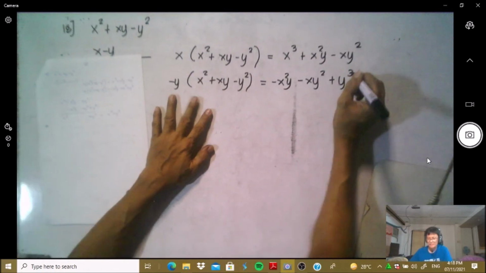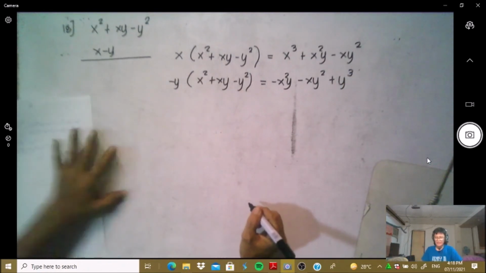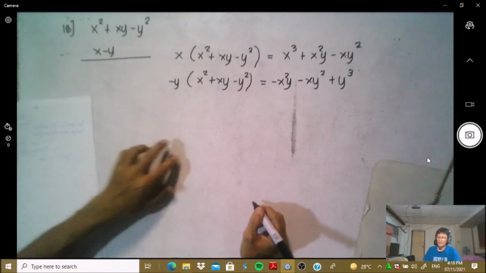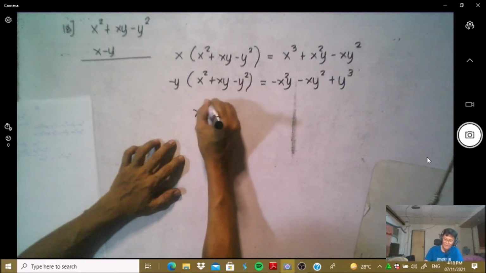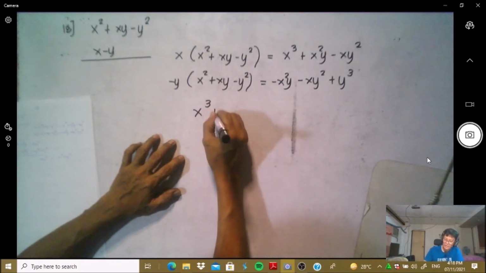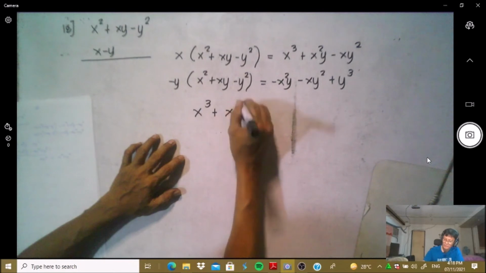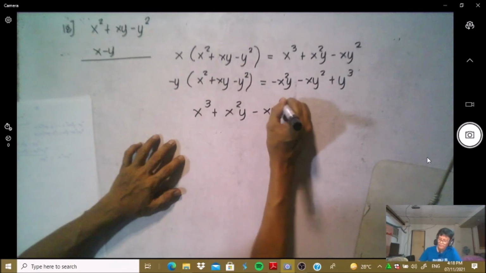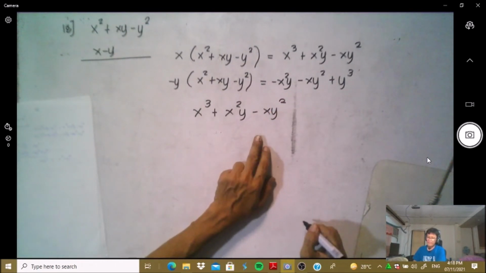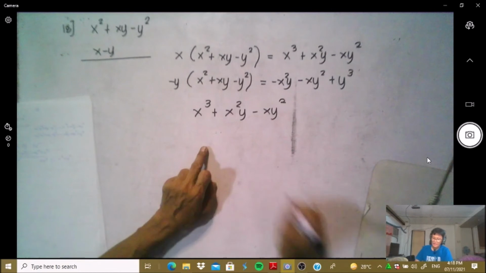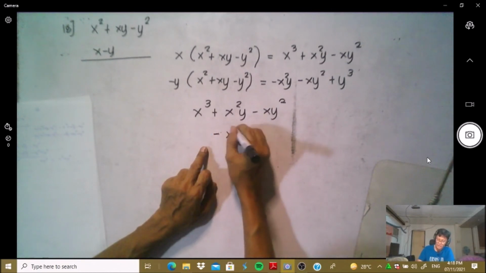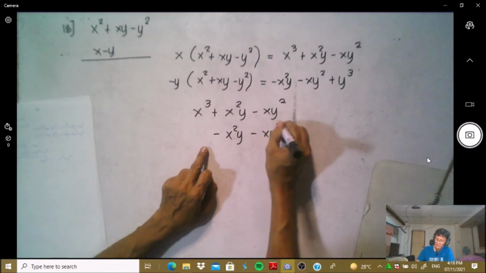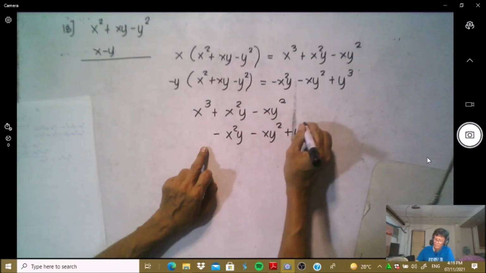Okay, let's now arrange this. I will just write it here, but you have to write it in your solution. So we have x cubed plus x squared y minus xy squared, then negative x squared y minus xy squared plus y cubed.